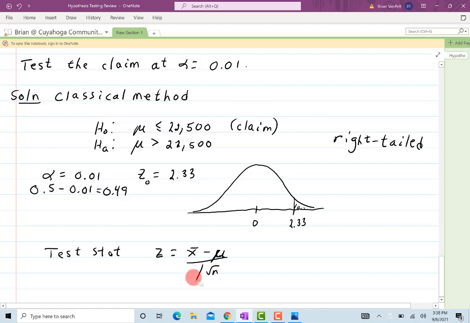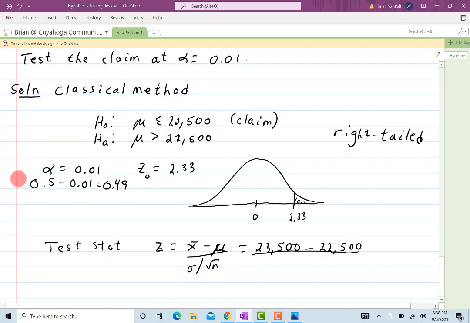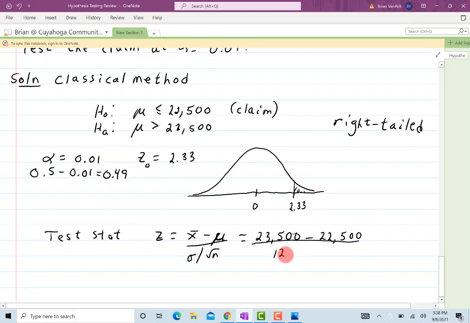All right, our mean that we got was 23,500. That was the sample mean. The population mean that we're testing is 22,500. Sigma is 1,200 and n is 45. This is approximately 5.590.